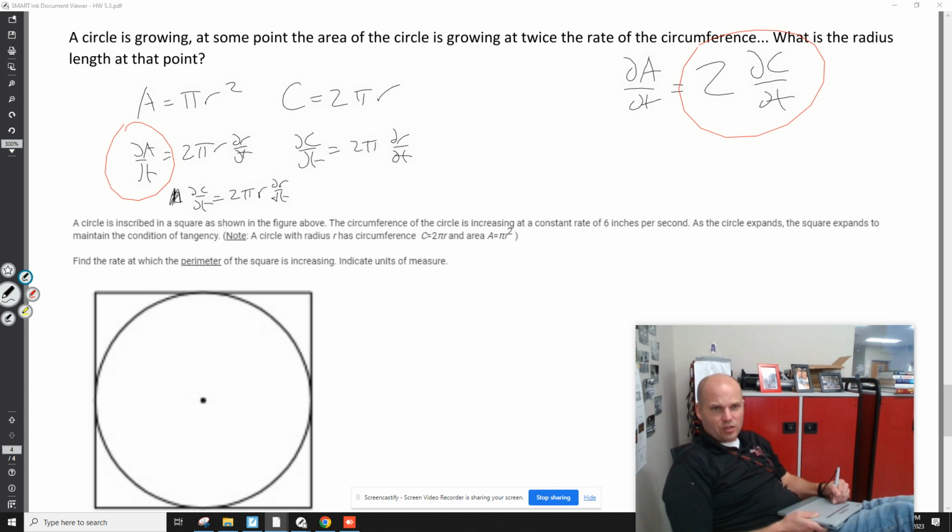I can divide by 2, and now I have an expression for dC/dt. dC/dt equals pi r dr/dt. The dr/dt's cancel. Divide by dr/dt. Divide by pi r's 2. Cool.